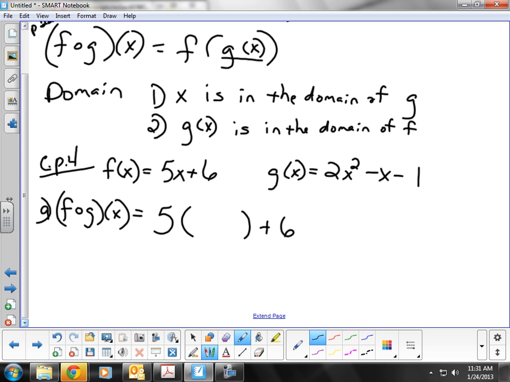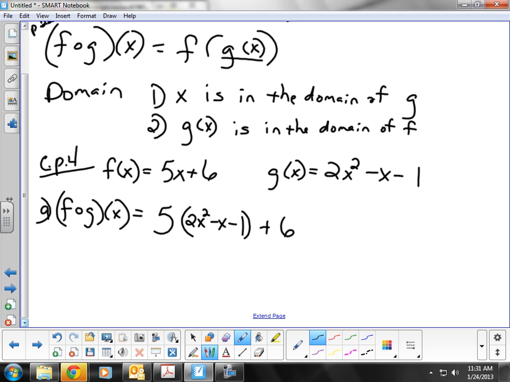So where the x is in the f function, leave a hole. Now what you're going to do is you're going to stuff this g of x function in that hole. So I'm going to put the 2x squared minus x minus 1 in there. We're not multiplying them together. We are stuffing one inside the other. Okay?